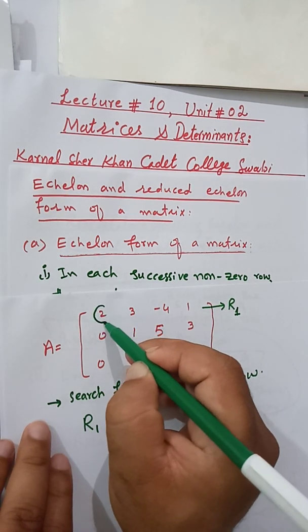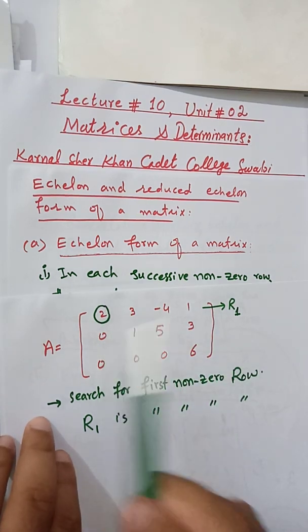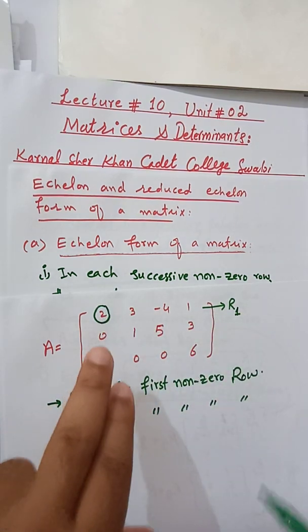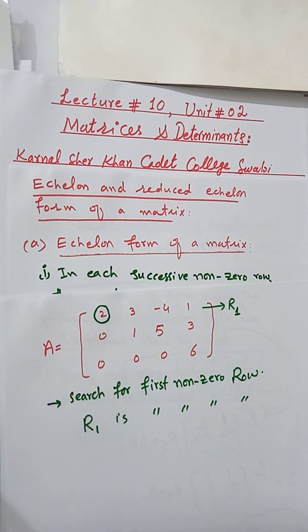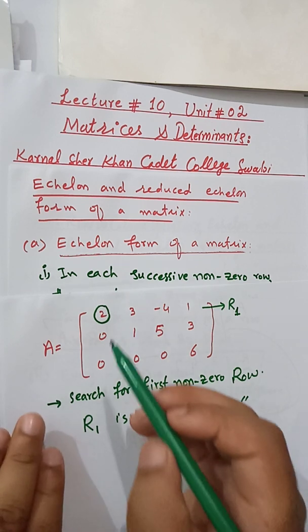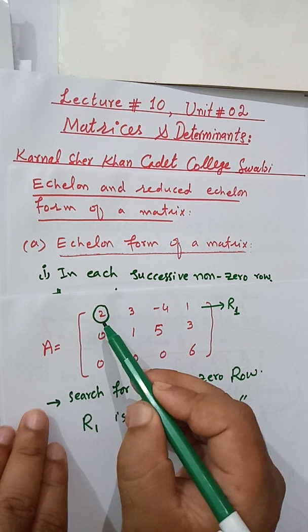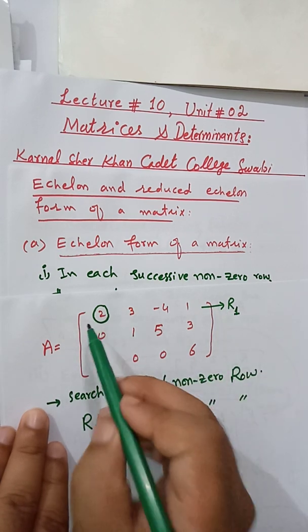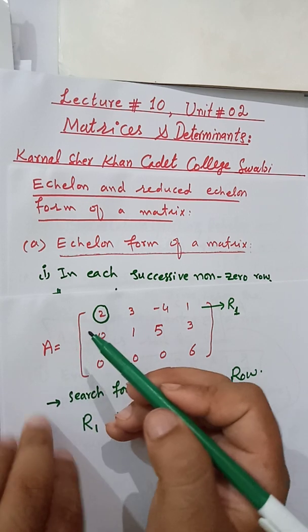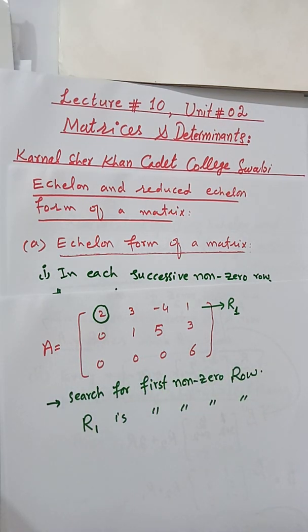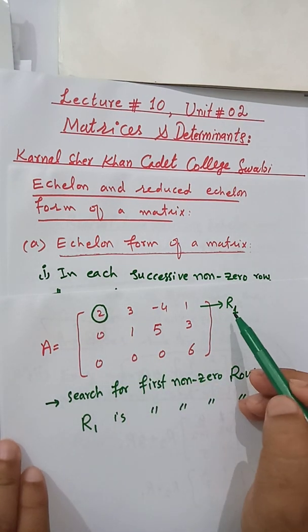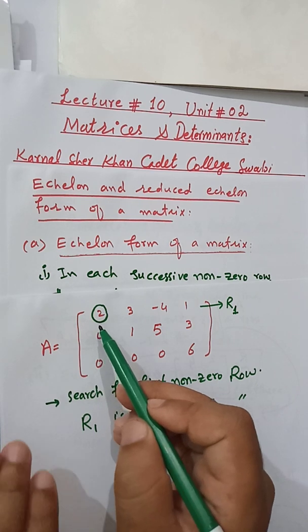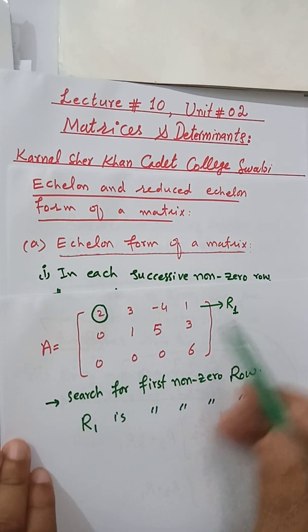So this is your first non-zero entry. Now you will count the number of zeros before the first non-zero entry. Before the first non-zero entry in the first non-zero row, the number of zeros is 0, meaning there is no zero to the left of the first non-zero entry of the first non-zero row.